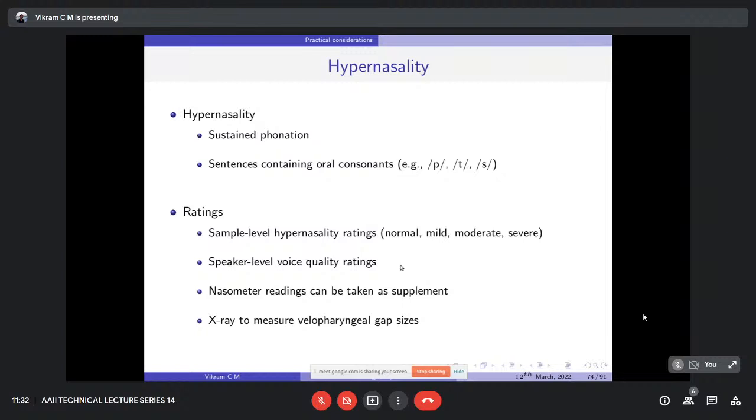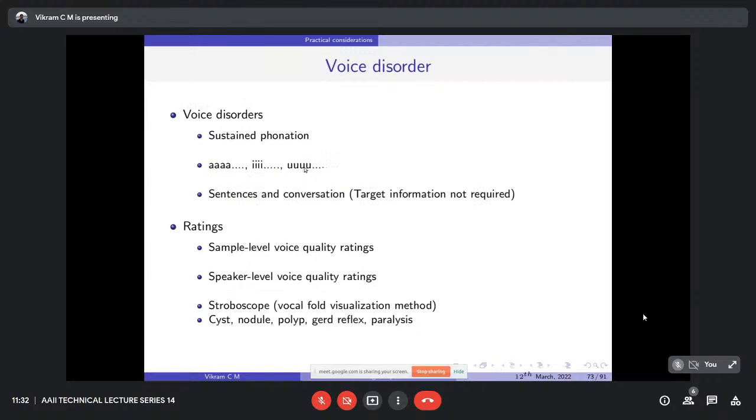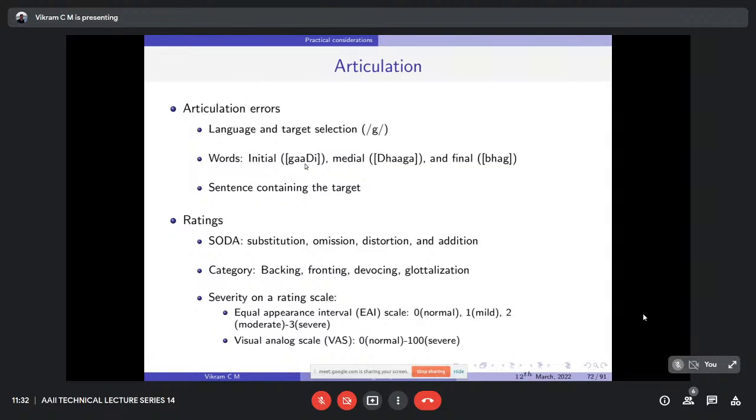Hypernasality, I explained currently 3 different approaches. For hypernasality measurement, we need to ask the person to produce some phonation, or sentences containing oral consonants. Just for curiosity, for articulation assessment, sustained phonations are not required. That means for pronunciation, we need words rich with some consonants.